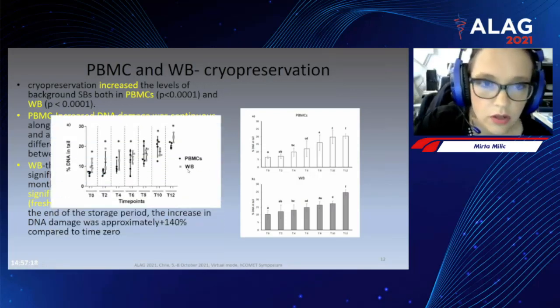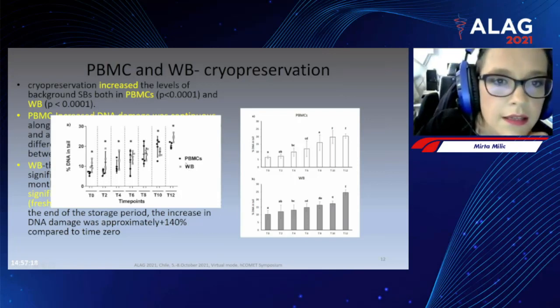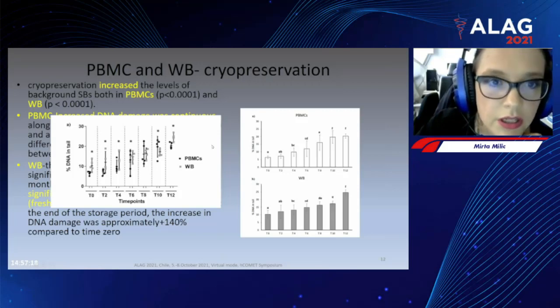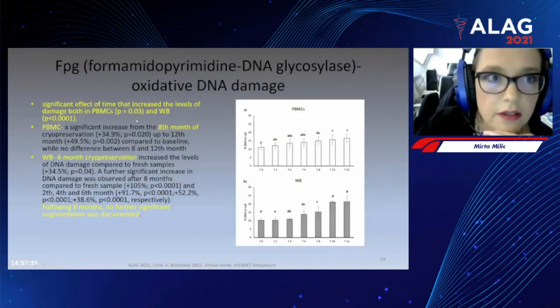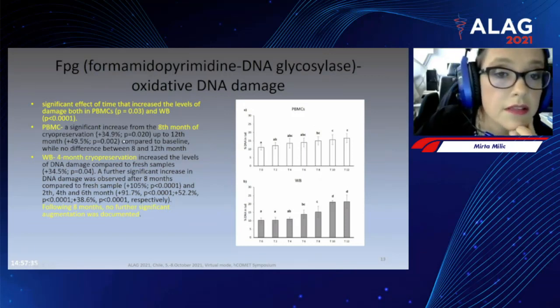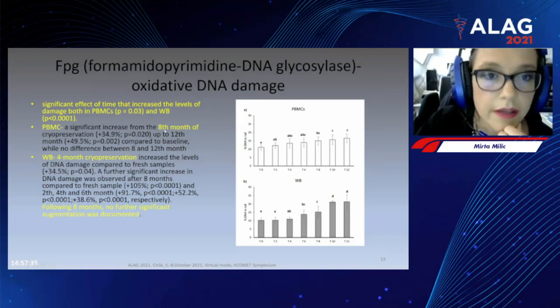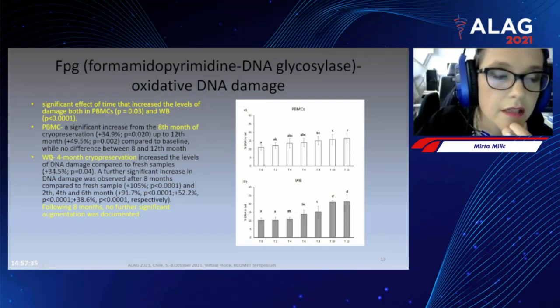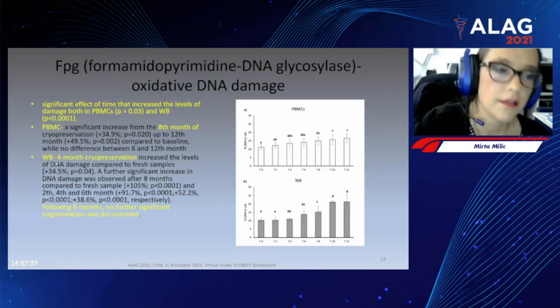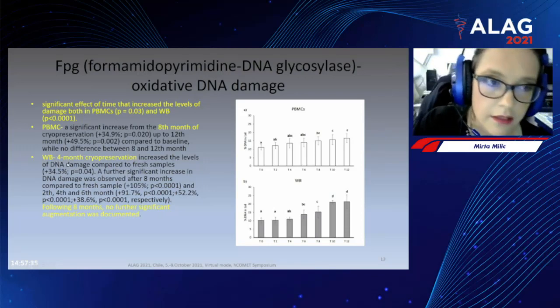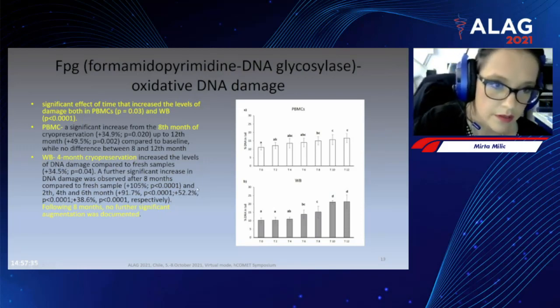They showed that PBMC have slightly higher DNA damage than whole blood cells. And in the oxidative FPG comet assay, they again demonstrated that PBMC have a significant increase in damage from the 8th month of cryopreservation, and that whole blood has significantly higher DNA damage from the 4th month.